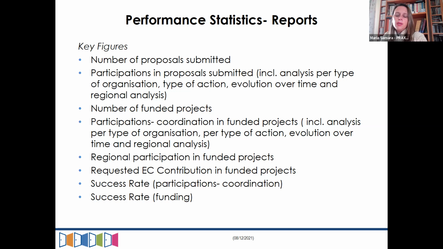These figures can be numbers of proposals submitted, participations in proposals submitted, number of funded projects, number of participations and or coordination of projects in funded projects, including also an analysis of type of organization, type of action, evolution over time, and regional analysis. Requested EU contribution in funded projects is very important information. And a success rate also, success rate in terms of participation, in terms of coordination of projects and funding of projects.